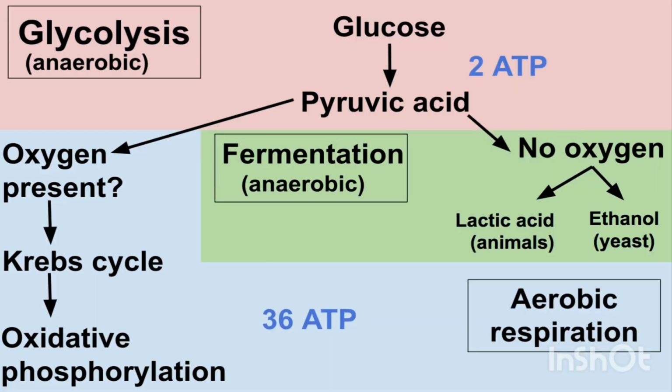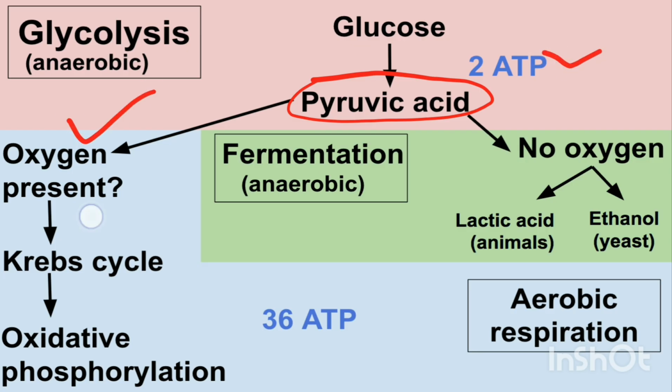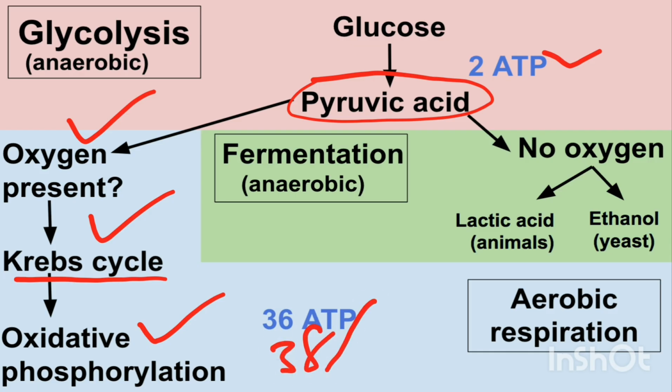So this is the graphic representation of aerobic as well as anaerobic respiration. At first, glucose breaks down to form pyruvic acid, generating 2 adenosine triphosphate. When oxygen is present, it follows the path of the Krebs cycle, then the electron transport chain, then oxidative phosphorylation, producing 36 or 38 ATP.